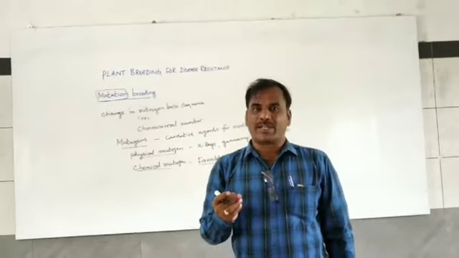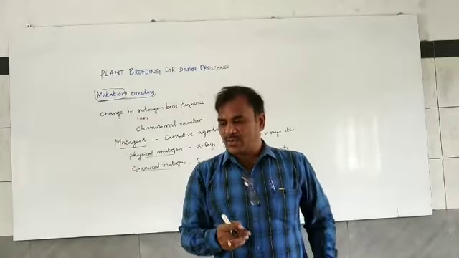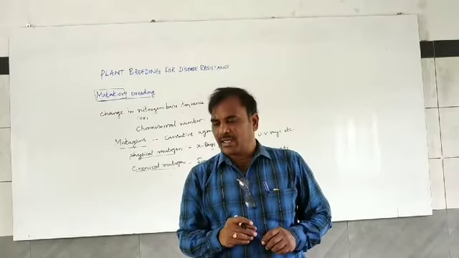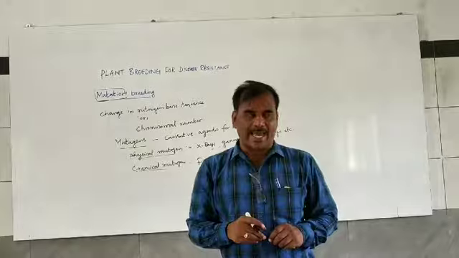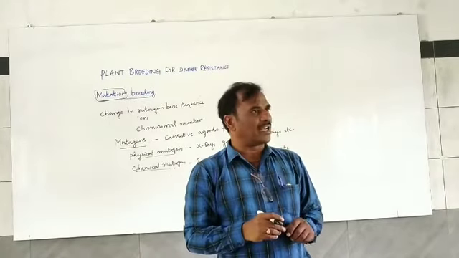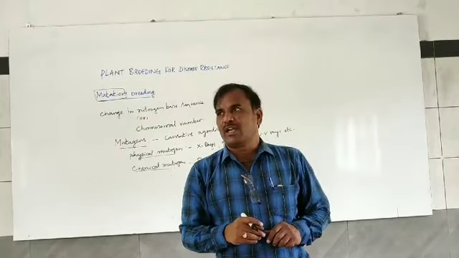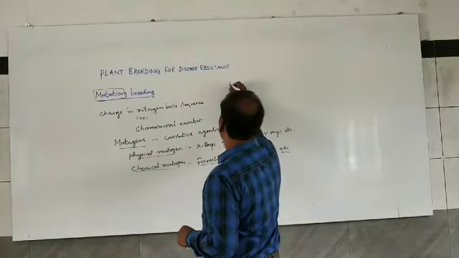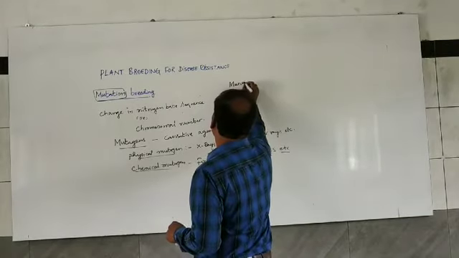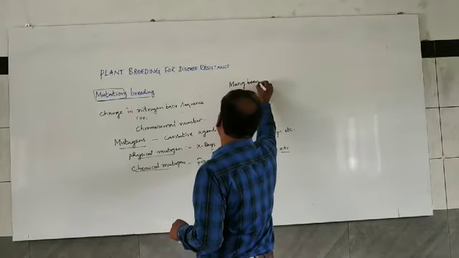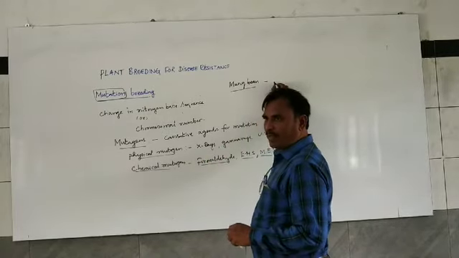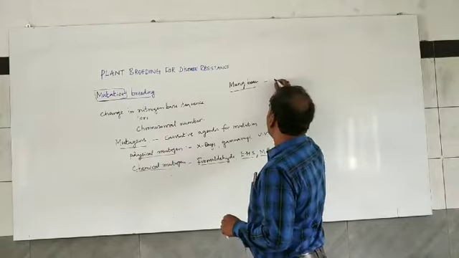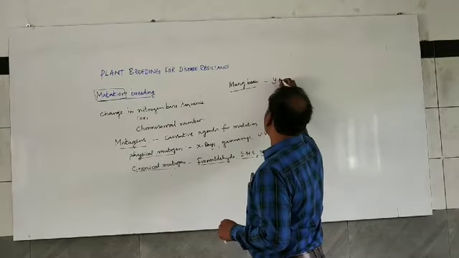This is about mutation breeding. By using mutation breeding, in order to develop the disease-resistant desirable character, a mung bean variety is developed which is resistant to the yellow mosaic virus.